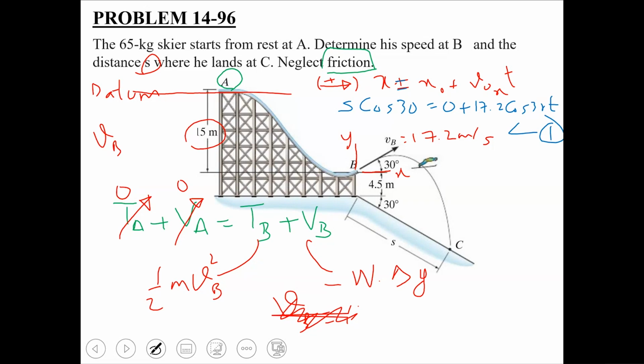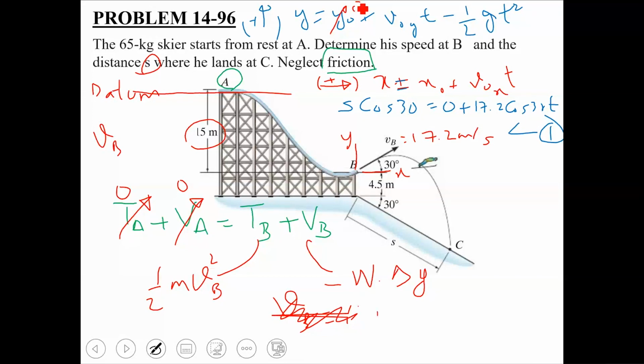ओके, नाउ कमिंग टू द वर्टिकल मोशन इक्वेशन। वर्टिकल मोशन में हम कौन सी इक्वेशन अप्लाई करेंगे? एक्सेलरेशन ड्यू टू ग्रेविटी। y इक्वल टू y नॉट प्लस v नॉट y t माइनस हाफ g t स्क्वायर। ठीक है, जी सर। ओके। y नॉट क्या होगा यहाँ? वो तो जीरो कर दिया। मैंने जीरो कर दी है बिकॉज आई हैव डिफाइंड द ओरिजिन एट पॉइंट बी, so y naught is going to be 0.